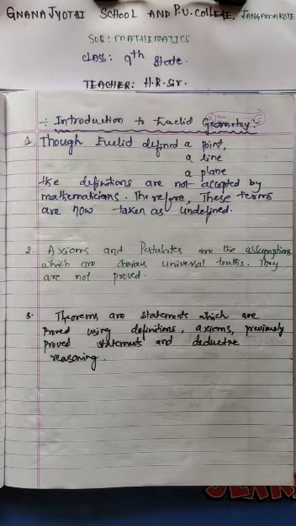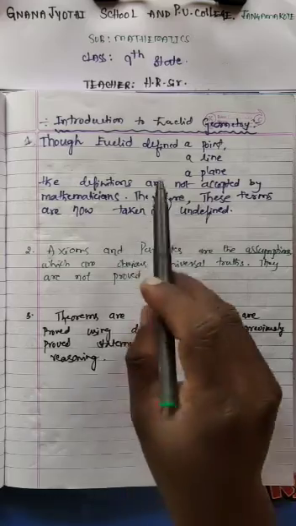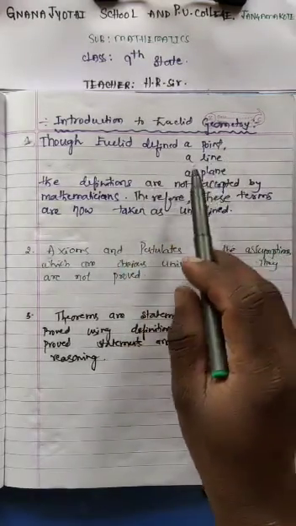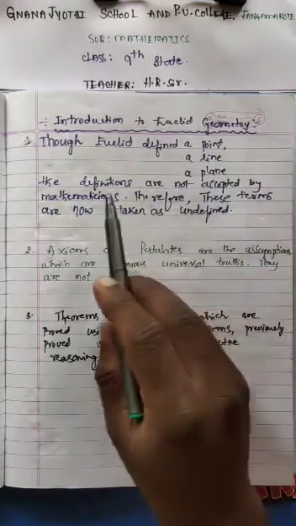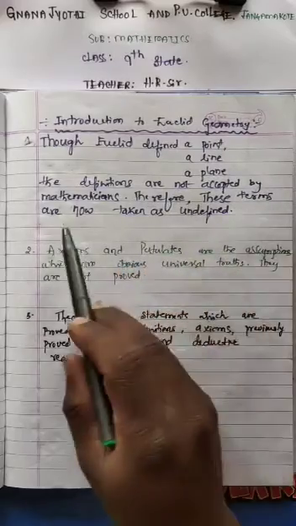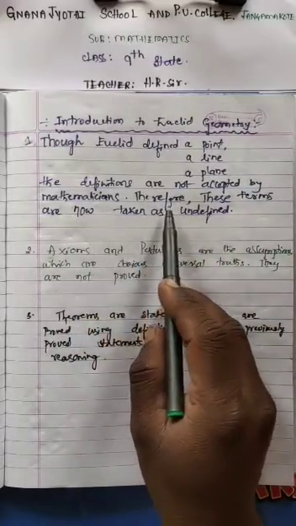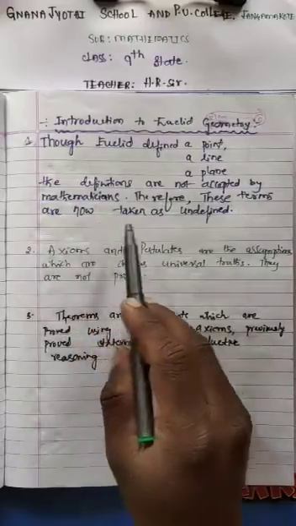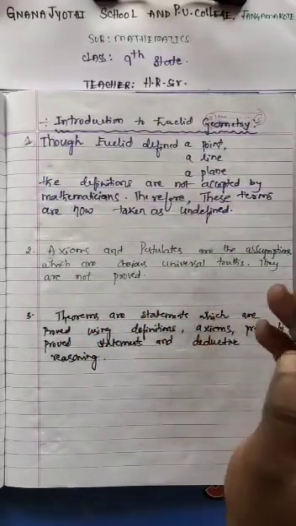So we represent a point as a dot, even though a dot has some size. Though Euclid defined a point, a line, a plane, these definitions are not accepted by mathematicians. Therefore, these terms are now taken as undefined.